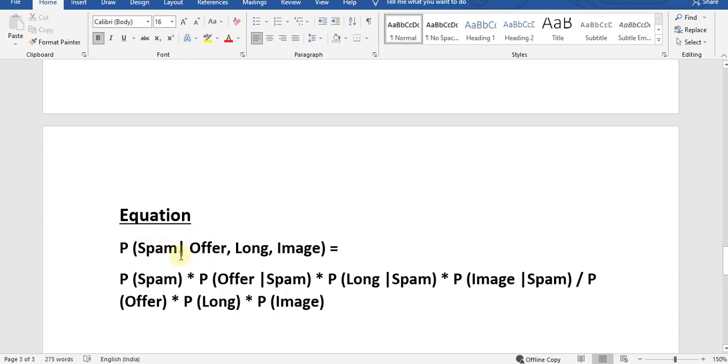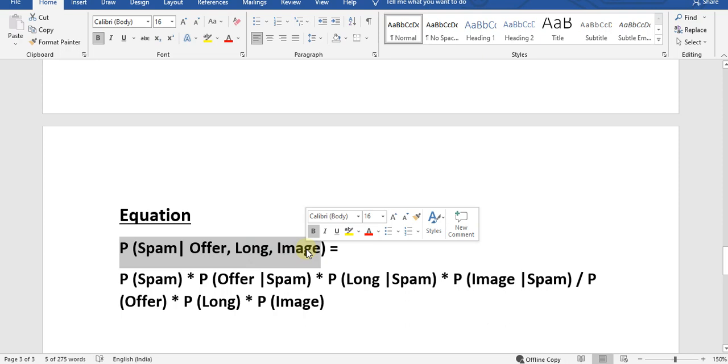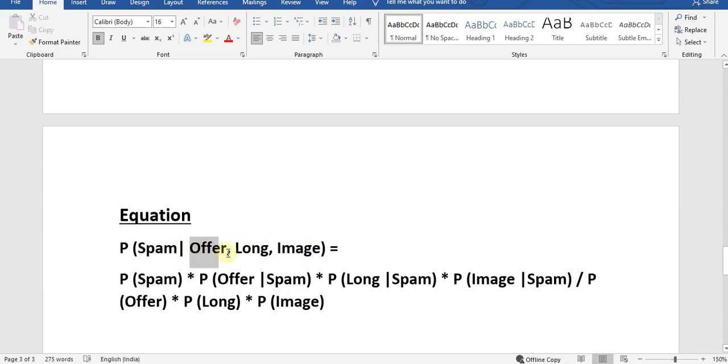Okay, so the first thing I am doing is finding the probability of target value spam when feature value content is offer, email length is long, and attachment is image. As there are a few possible values for content, email length, and attachment, there can be many combinations of these feature values.